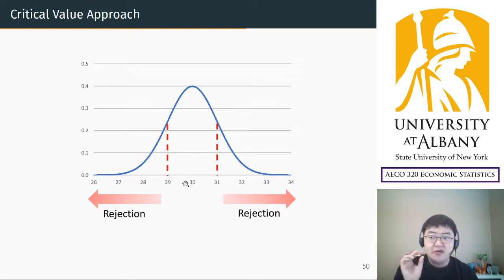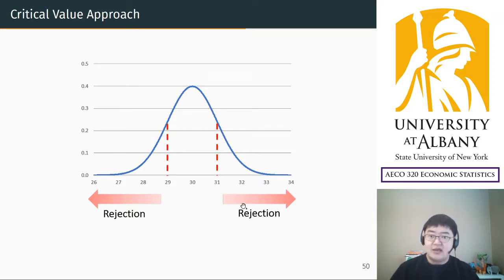There will be a little bit of error, and I'm going to tolerate up to 1 hour. As much as 1 hour is acceptable, but any error greater than that will reject the null hypothesis. I'm going to give up my belief if the data is larger than 31 hours or smaller than 29 hours. So the rejection region will be outside these dashed points.